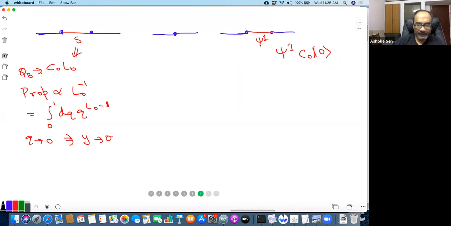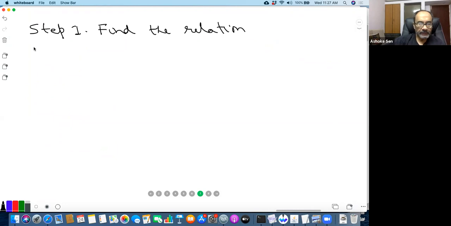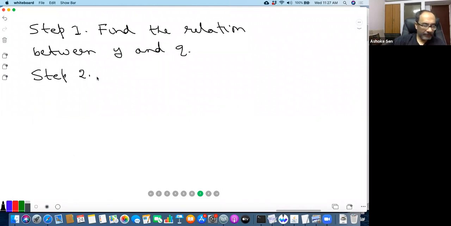So let me now describe the steps that we'll be following. Step 1 will be to find the relation between y and q. Step 2 is to take the integrals that come from the worldsheet description, which is done in Siegel gauge.